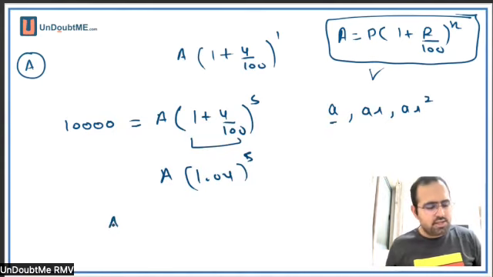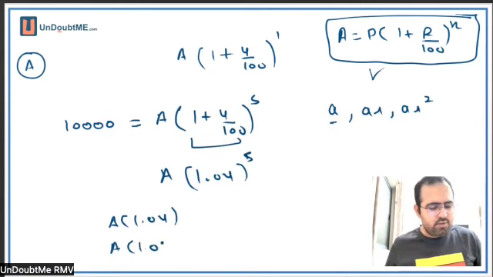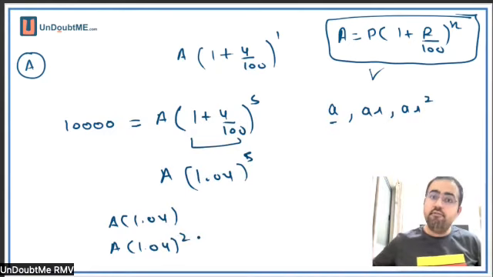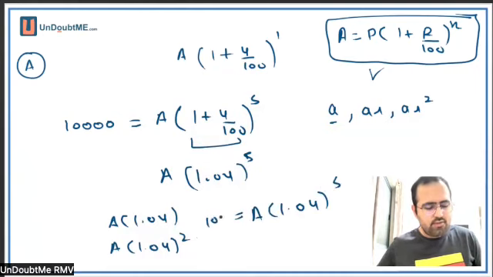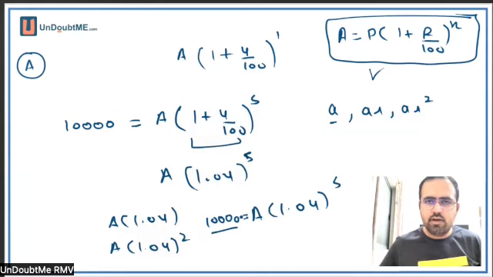In the first year, this A is multiplied with 1.04. In the second year, this A is multiplied with 1.04 square. Likewise, in the fifth year, this will be multiplied with 1.04 to the power 5, and that will give you 10,000. That is what is given in the question. Clear?